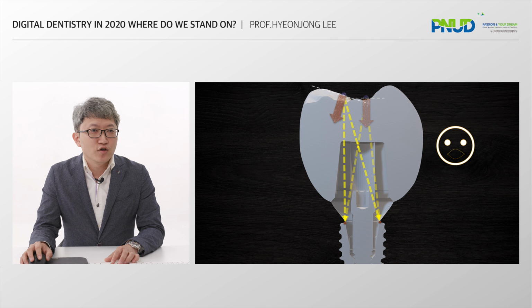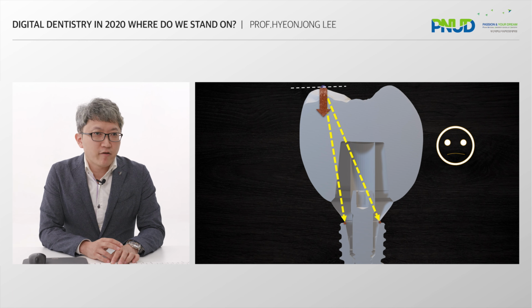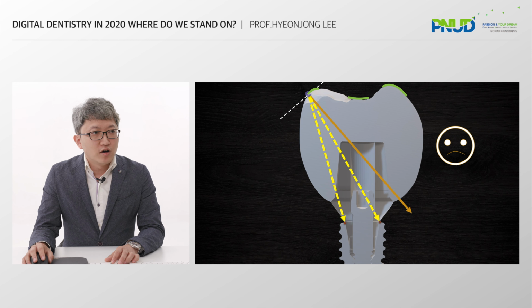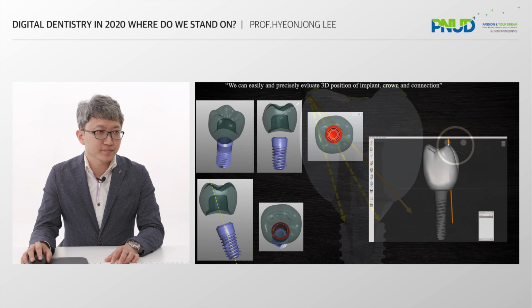And we can see various directions of vector according to various positions of occlusal contact points. Some vectors seem favorable and others seem unfavorable. So occlusal contact points located in this green area would result in less torque or minimum torque than the other areas.